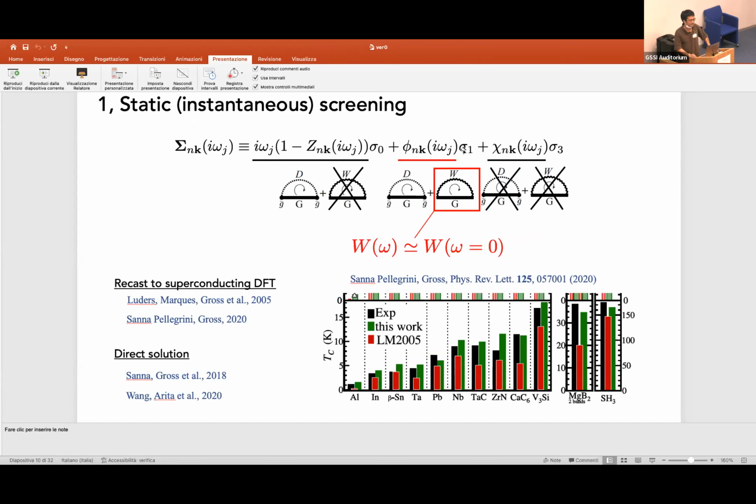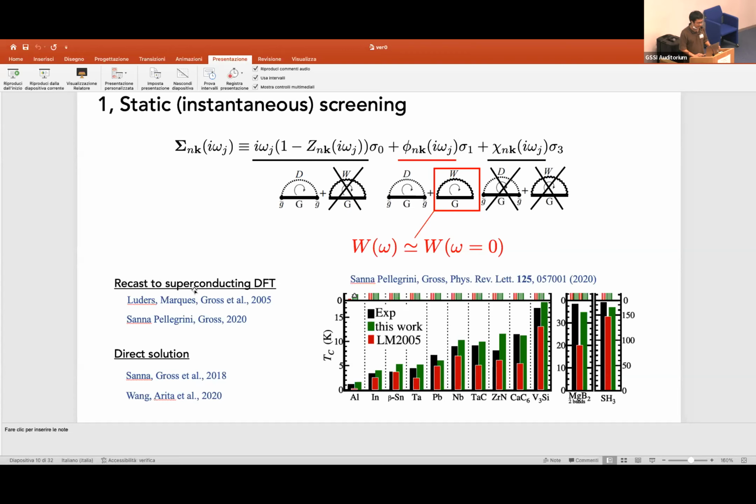At this point, usually the normal self-energy contributions to Z and chi are ignored, and we apply a static or instantaneous approximation to the screened Coulomb interaction entering the anomalous part. And interestingly, already at this point, we can do the accurate practical calculation of superconducting Tc.